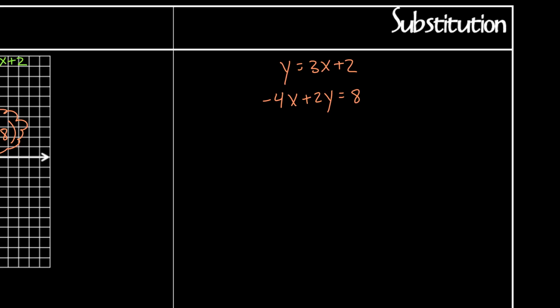Meaning that wherever we see a y in the second equation, I can plug in what y is equal to. So here, y is equal to 3x plus 2. That means wherever we see the y, what are we going to replace? And what am I going to put around my substitution? Parentheses. Perfect.